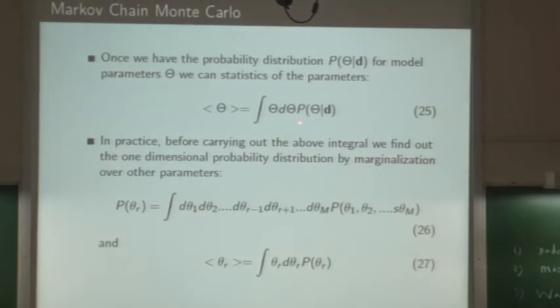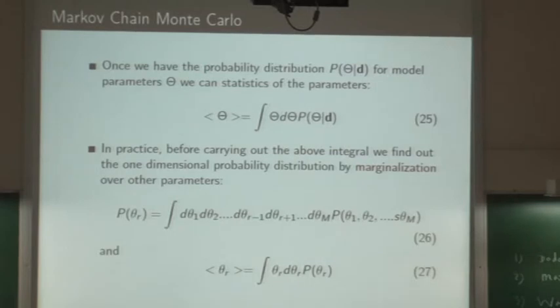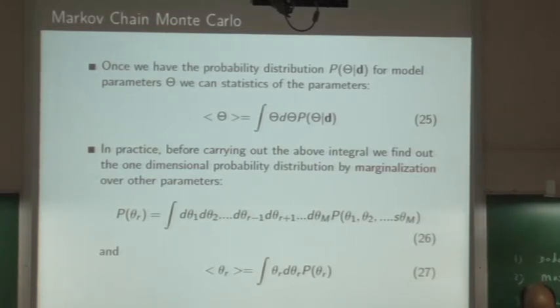But the question is that here I have written this d theta, but this is a multi-dimensional integral. If there are 10 parameters, it will be a 10-dimensional integral, and it's a complicated thing. What does it mean?